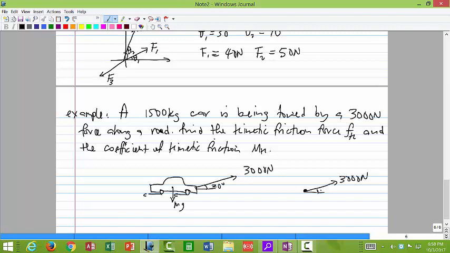So that will be 20 degrees. So I added a sentence there, the speed is constant.